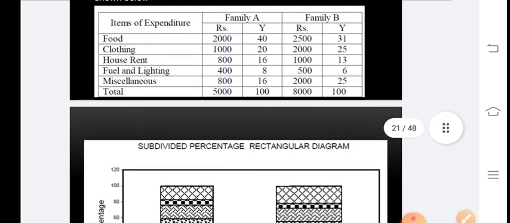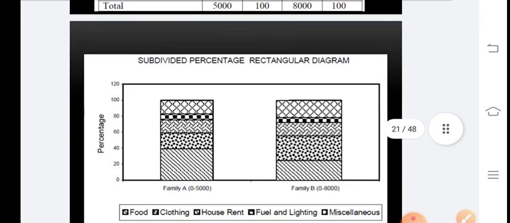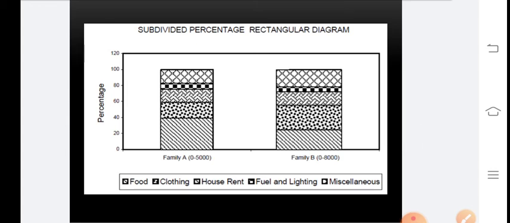For food, family A is 40% and family B is 31%.